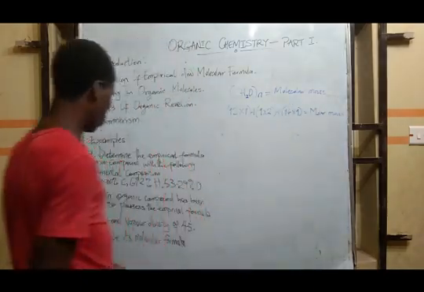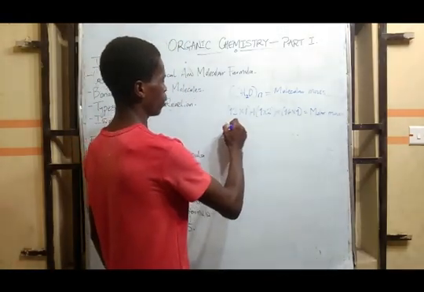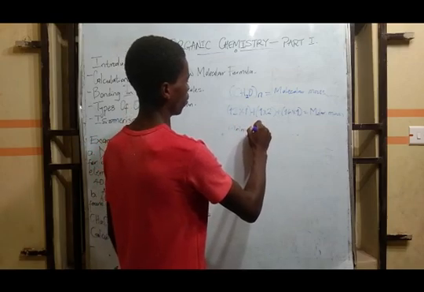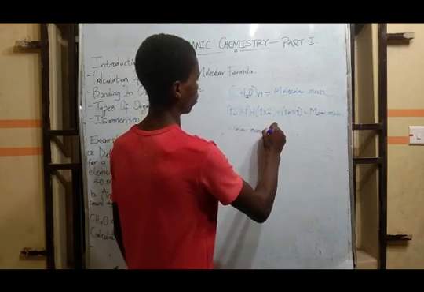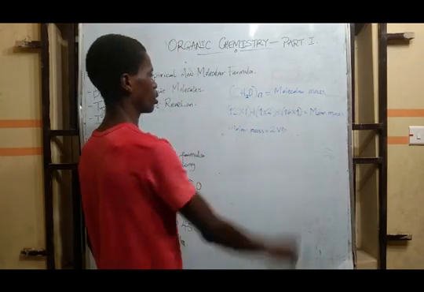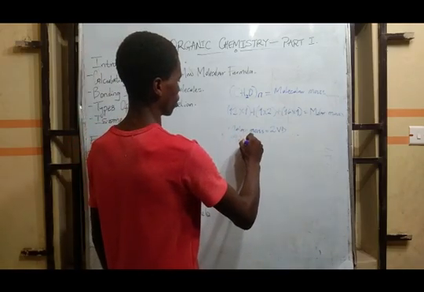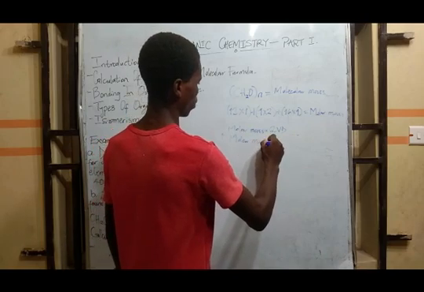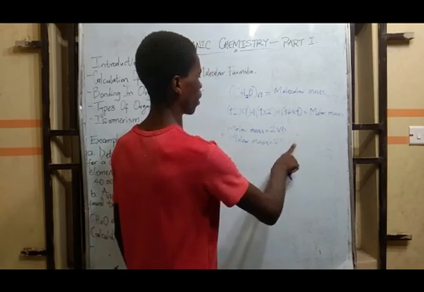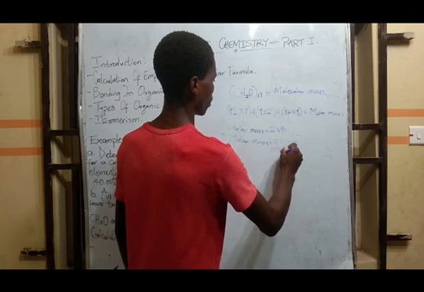From our question, we are given vapor density. So how do we derive our molar mass? Our molar mass equals 2 times vapor density. Our molar mass equals 2 times 45, which is 90.